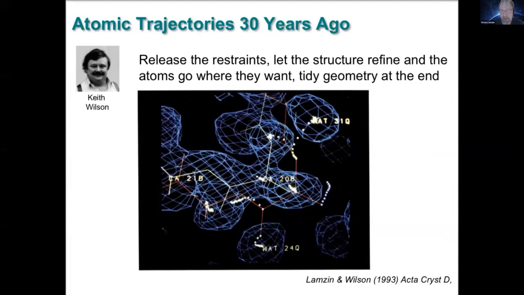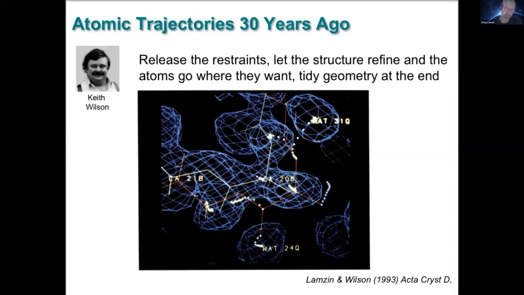And they came to the conclusion that restraints should normally be released, let the structure refine, let the atoms go where they want to, and then tidy up geometry at the end.